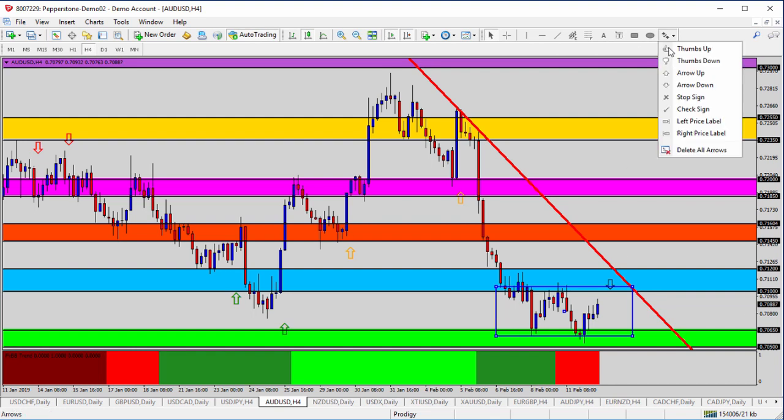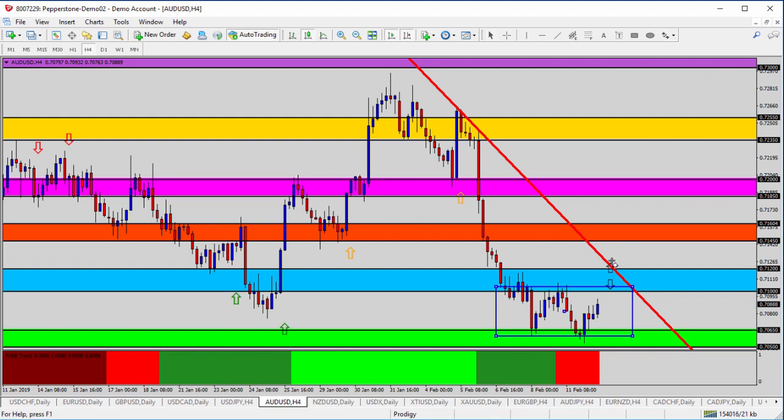And my risk is that it breaks above 71.20 and goes higher. So my stop loss is logically above the blue zone, because at this point I don't want it to get back above there. If it gets above there, all hope is lost. We'll likely see it go higher. So at this point, we're looking for shorts into the blue zone.